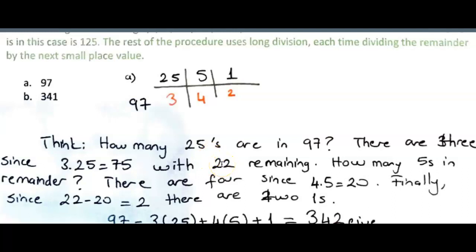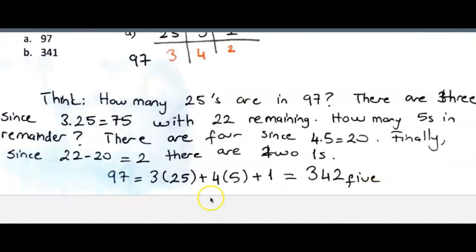Some of them are longs, some of them are single units. And how many 5s go into 22? As a remainder, there are 4, since 4 times 5 is 20. Then how much remainder do I have? 22 minus 20 is going to be 2, right? Therefore, I'm going to have 3 times 25, 4 times 5, and plus 2.